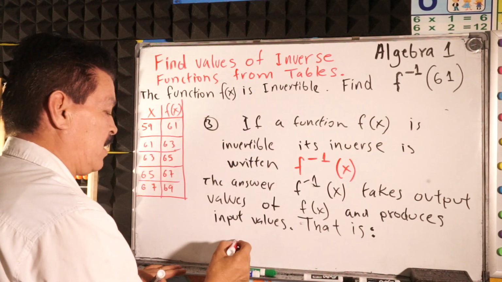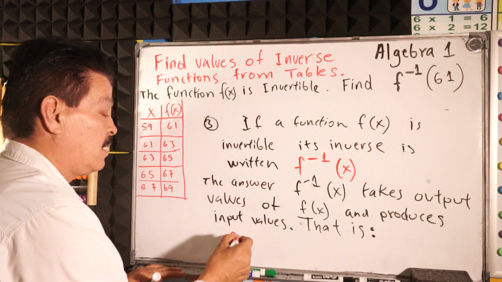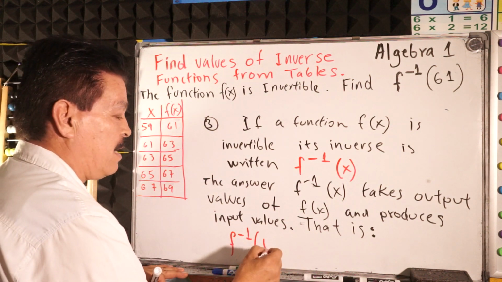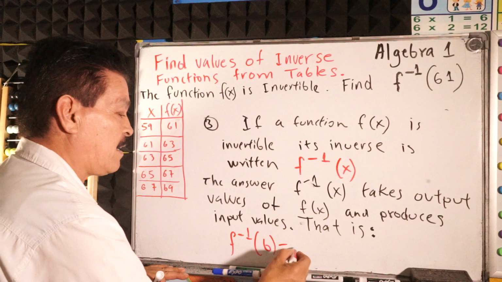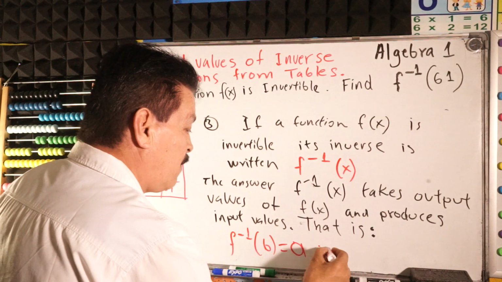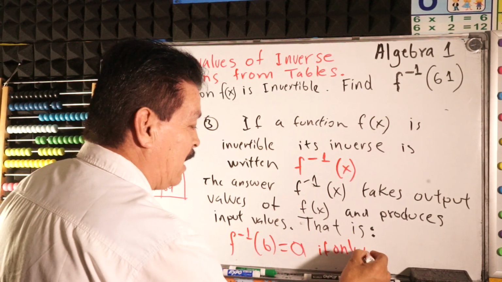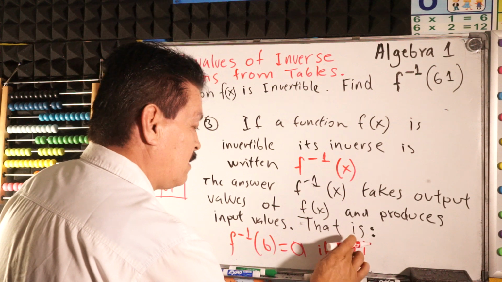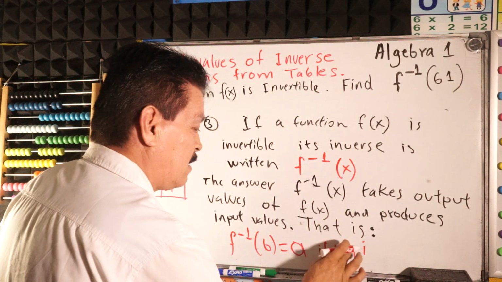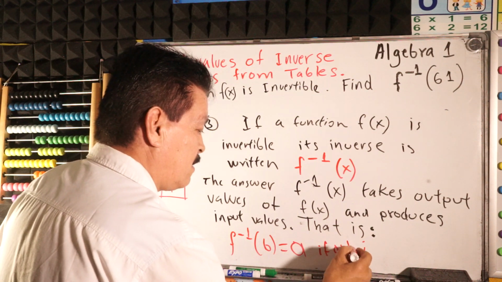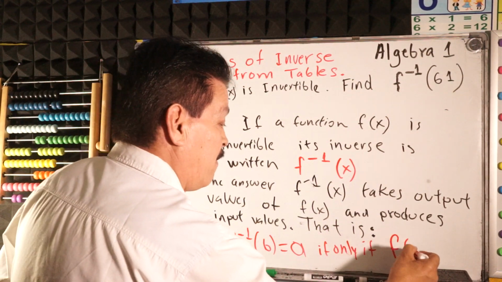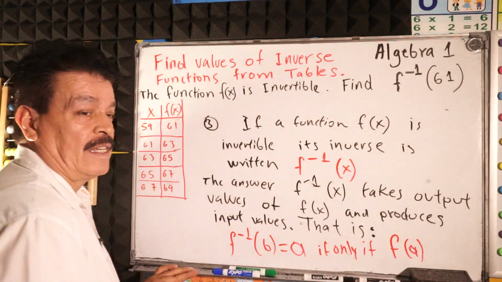Before finding the answer, look at this. f to the negative 1 of b equals a, if and only if f of a equals b.